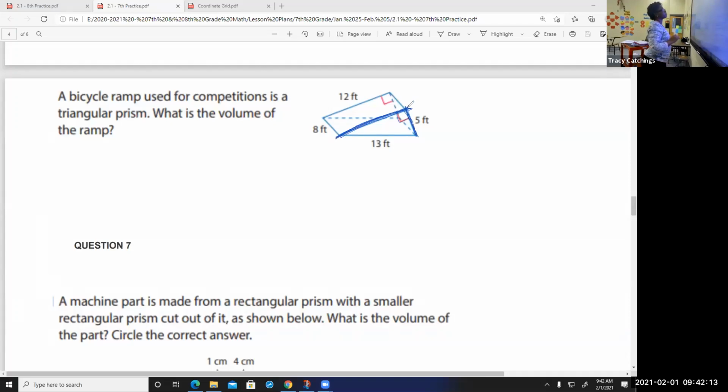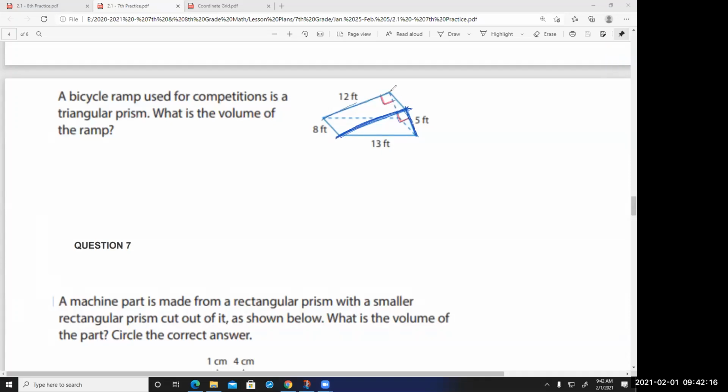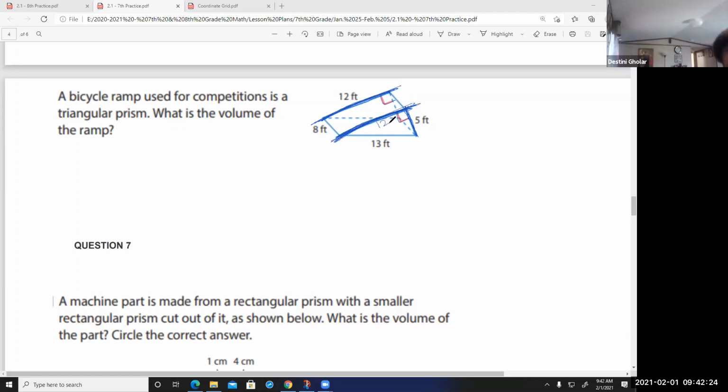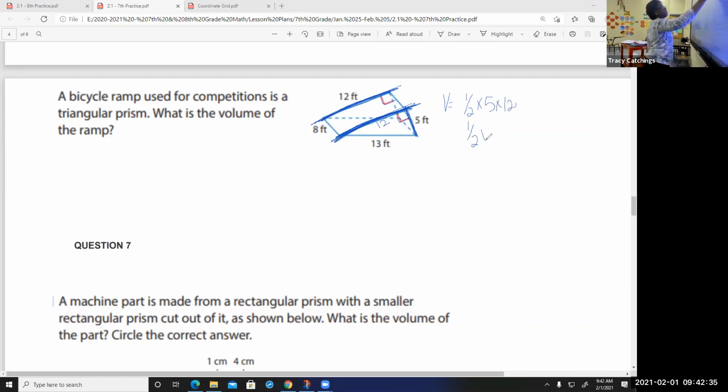Look at your triangle in the back. That's 12. That means if that side is 12, it's 12 over here as well. 5 times 12 is what? 60. Half of 60.